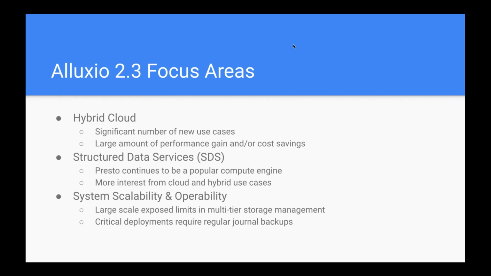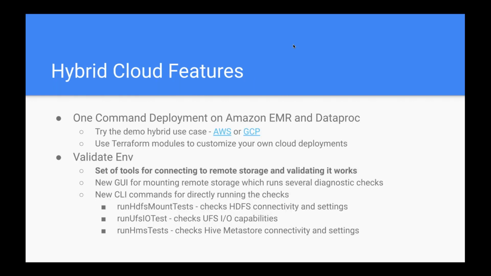Yeah, so I'm going to go over for each of the focus areas what specific features we developed, starting with hybrid cloud. The first feature we have in hybrid cloud is the ability to have a one-click deploy on Amazon EMR and Dataproc. EMR and Dataproc are two compute frameworks that are provided by Amazon and Google respectively.